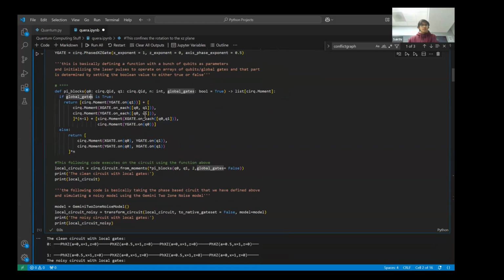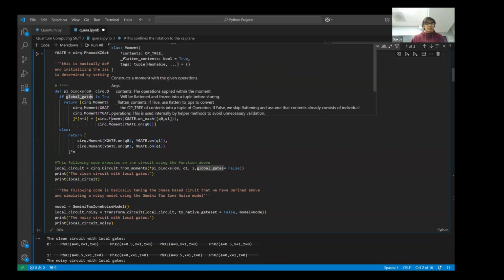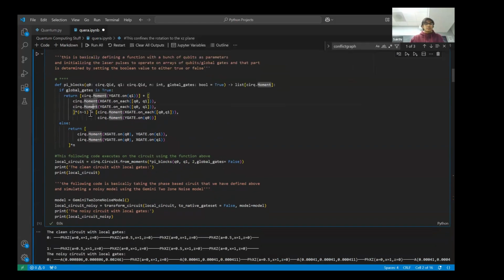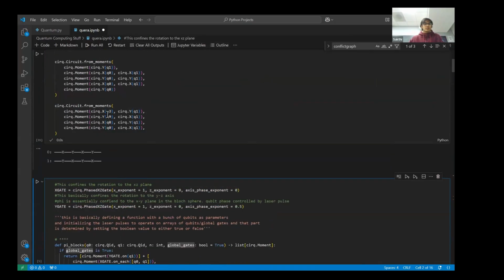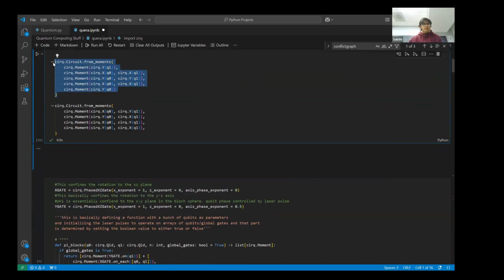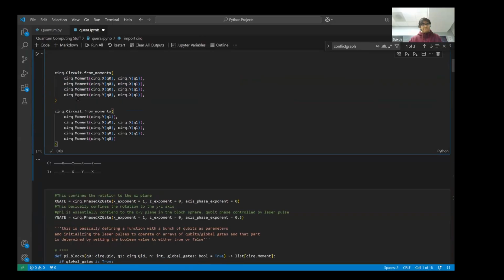So over here, we're defining some arbitrary gate that's similar to the gate that we saw above. Let me print it out so it's much clearer.